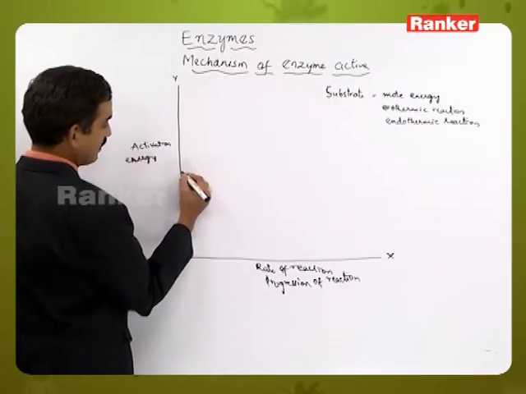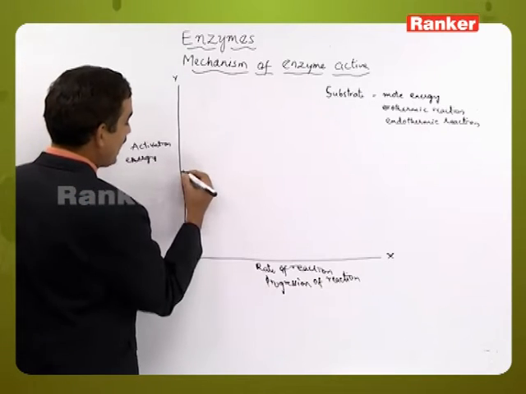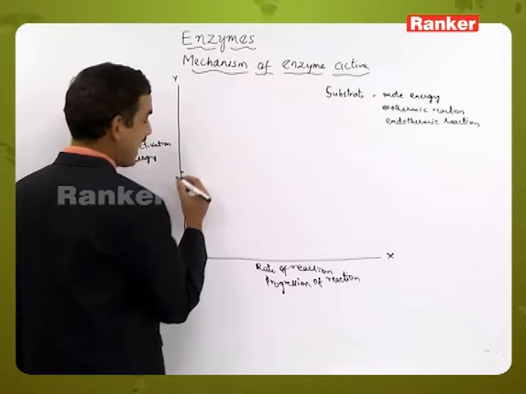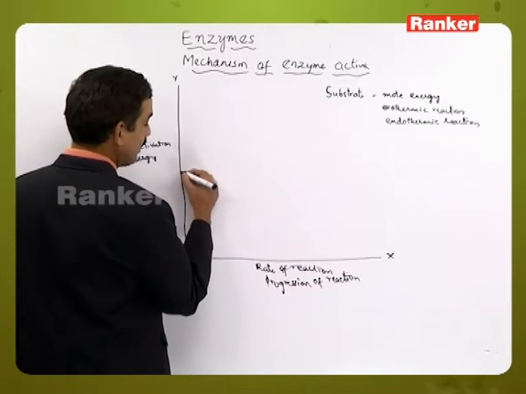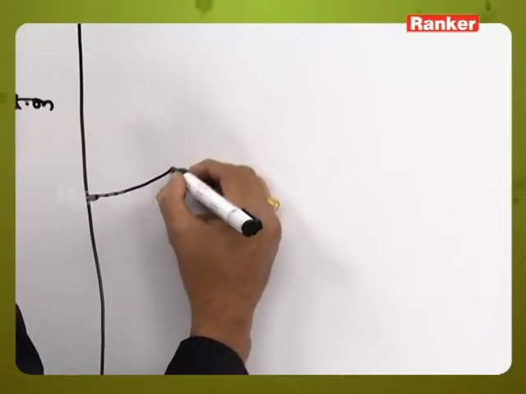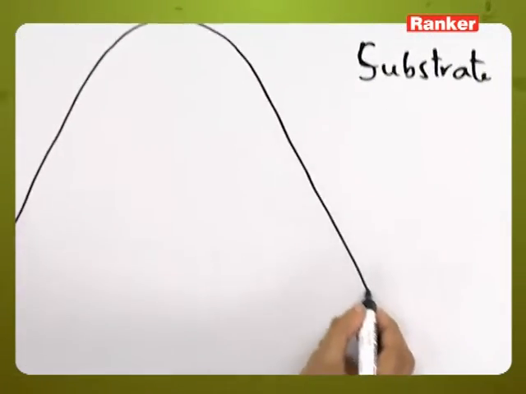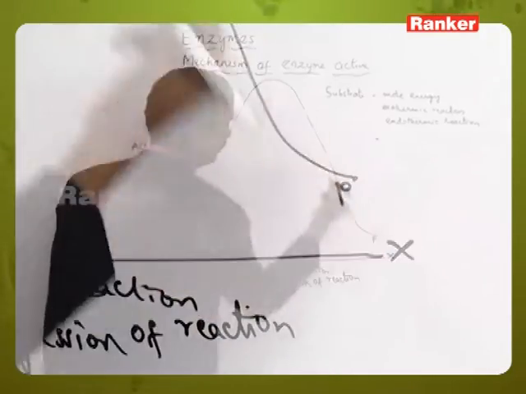Here this is the activation energy level present in the substrate molecule, and this substrate molecule may have more energy when compared to the product molecule, but it has to cross an energy barrier. This energy barrier is called the actual activation energy, and then it will be converted into the product.